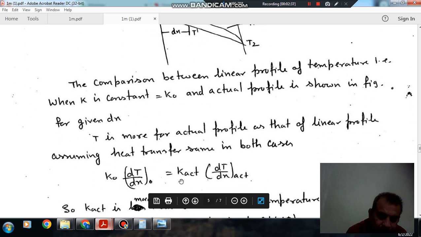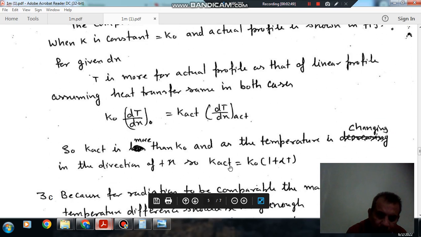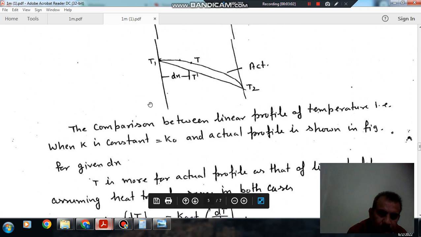So if it is less and if it is more and heat transfer is same, so k actual will be more than k naught to have the same heat transfer. So k actual should be k naught bracket 1 plus alpha T. So k actual will be more than k naught as temperature is changing in the direction of x.